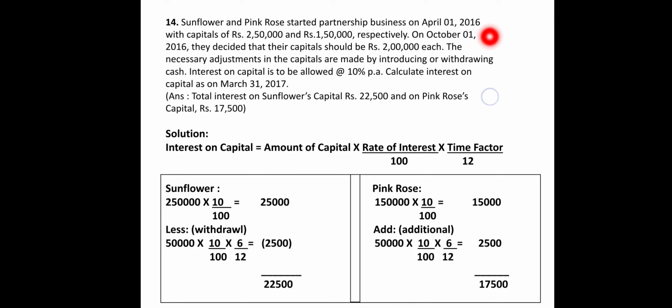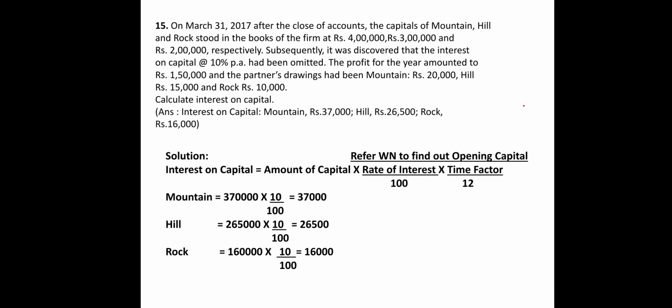So this is opening one. But here it is purely mentioned that after the close of accounts the capital of Mountain, Hill and Rock stood to this much. So we have to switch on with that working only. So this is 4 lakhs, 3 lakhs and 2 lakhs, that is your closing capital.